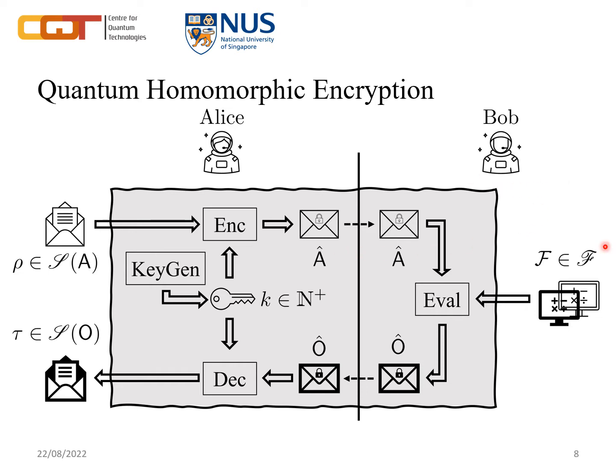Bob uses the evaluation map to evaluate the quantum channel F from the set script F on Alice's encrypted message and sends the evaluated message hat O back to Alice. Alice then decrypts the evaluated message with the key and the decryption map and obtains the desired output state tau in the decrypted system O.